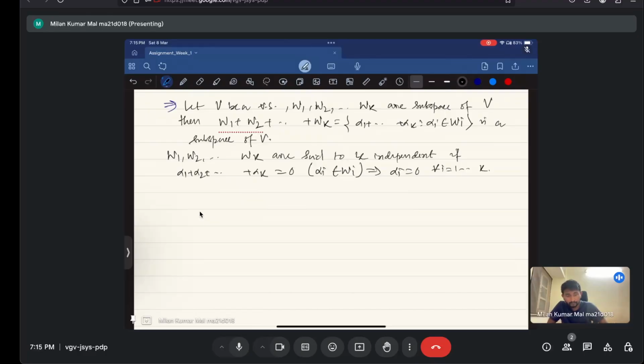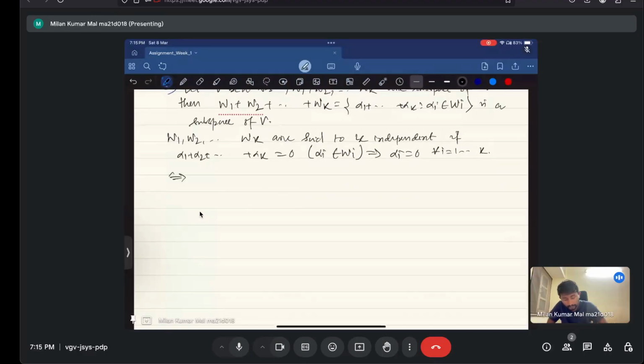This is equivalent to the fact that Wi intersection (W1 plus all the way Wi minus 1 plus Wi plus 1 plus all the way Wk) is the zero set, for all i equals 1 to k.